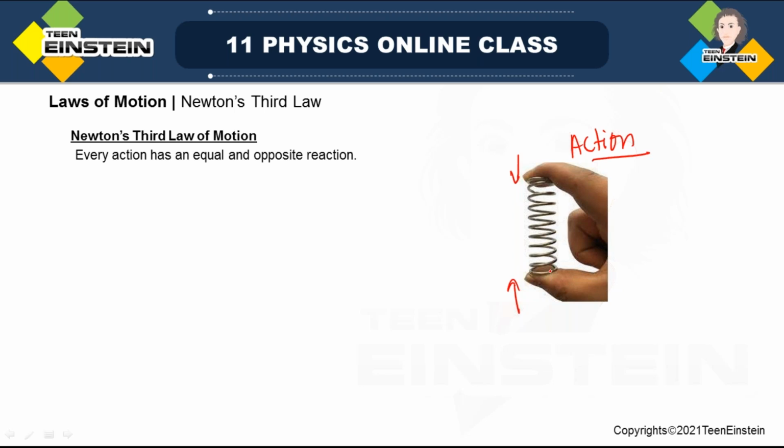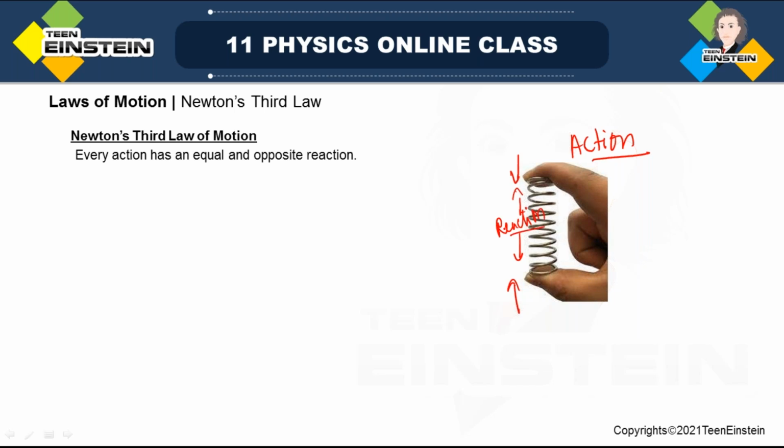So what is the reaction? The reaction is that the spring also will give an equal and opposite force. I hope you are familiar with this. This force is called the reaction.